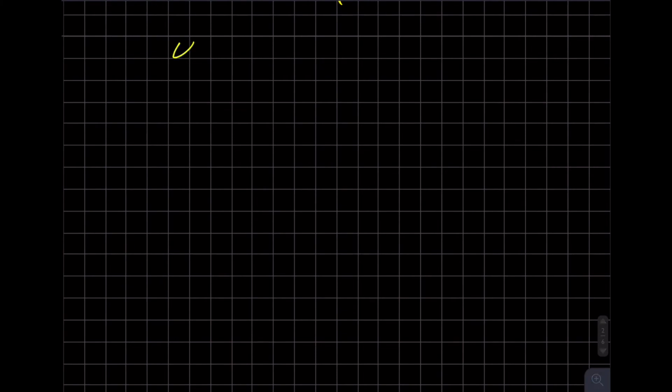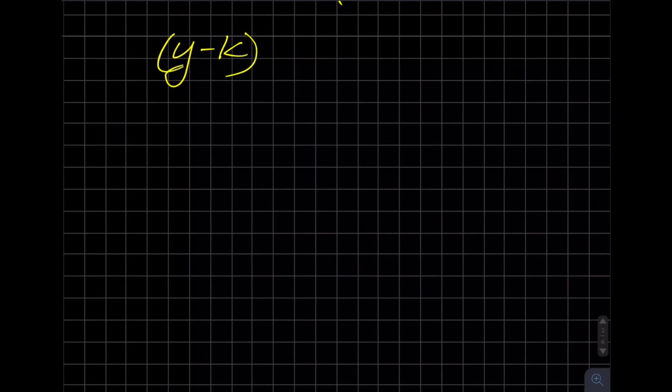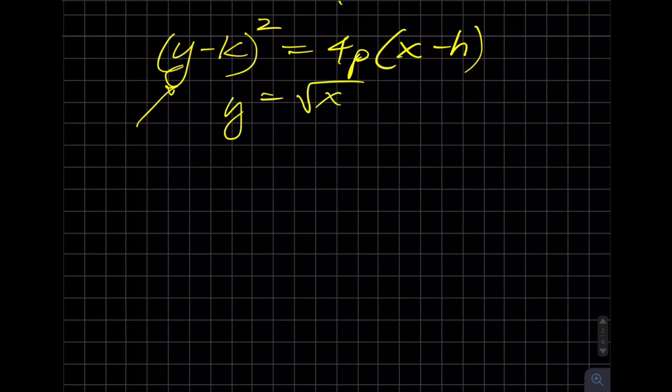So that's when I have y minus k, the quantity squared, equals 4p times x minus h. Notice how the y term is now the squared term, so this really looks like the square root of x. And so it's our horizontal parabola. It looks like this.